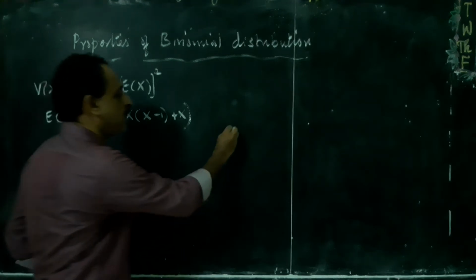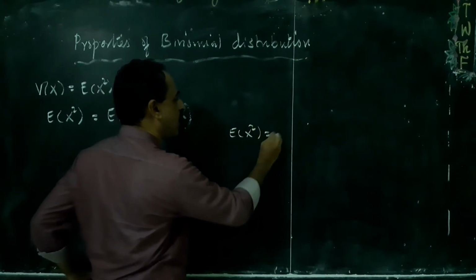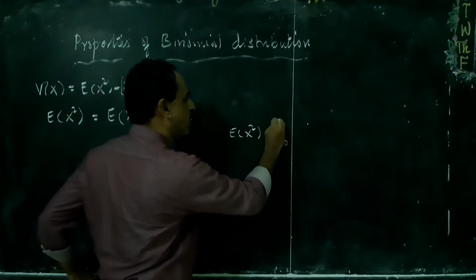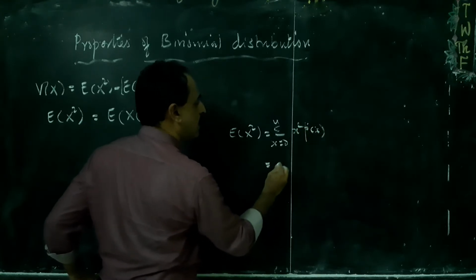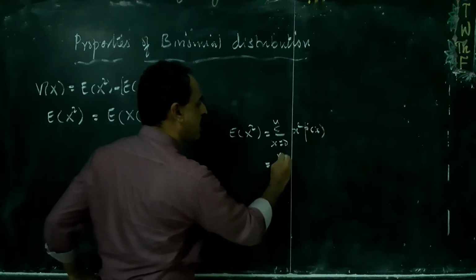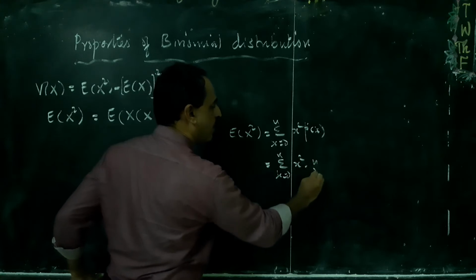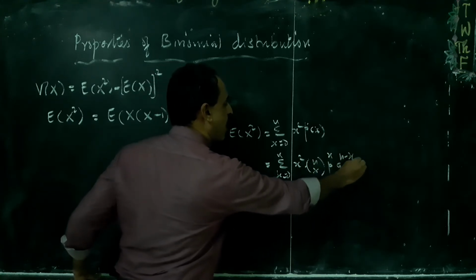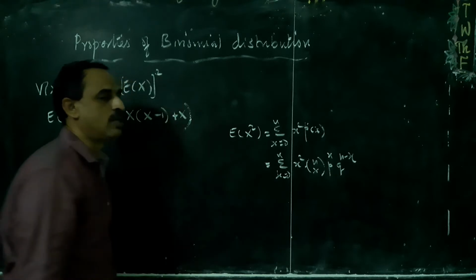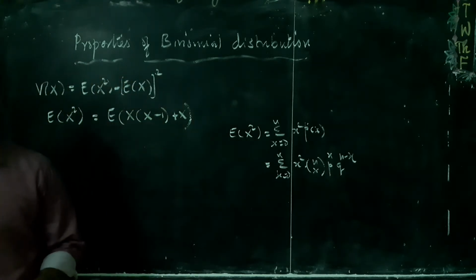That is, E of x square equals actually summation x equals 0 to n of x square p of x, because sigma x equal to 0 to n x square into nCx p raised to x q raised to n minus x. This summation is not factored into a closed form.